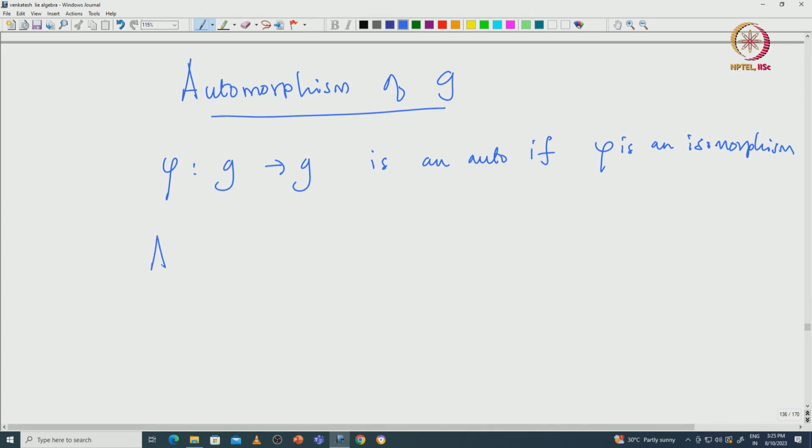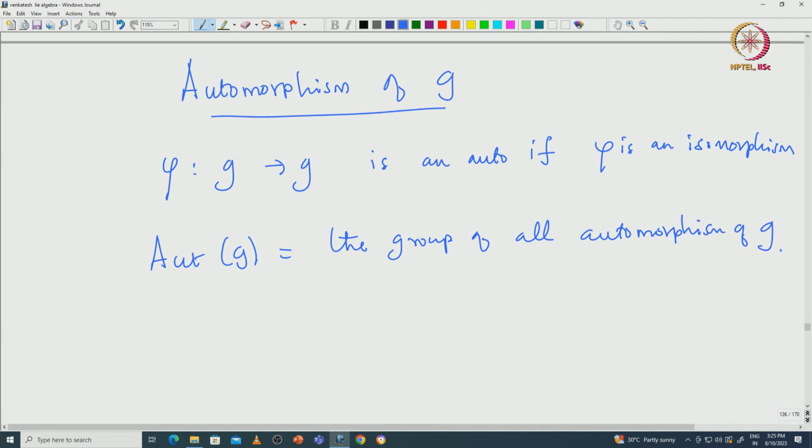Okay. And then if we take the set of all automorphisms of G, under composition it will form a group. This group we denote by Aut(G), the group of all automorphisms of G. We will define a particular subgroup of Aut(G), which will play a very important role in the theory of semi-simple Lie algebras.